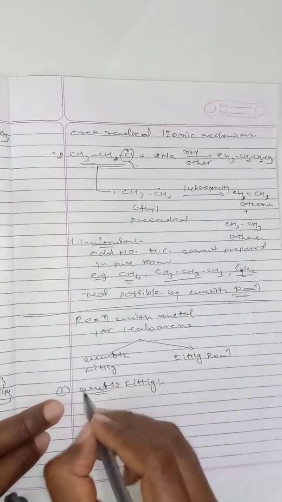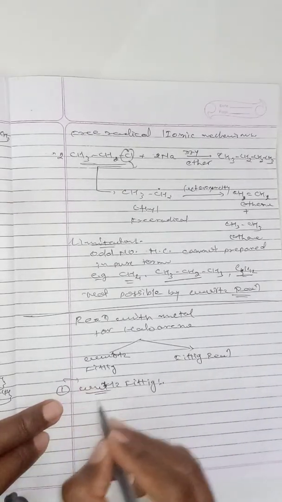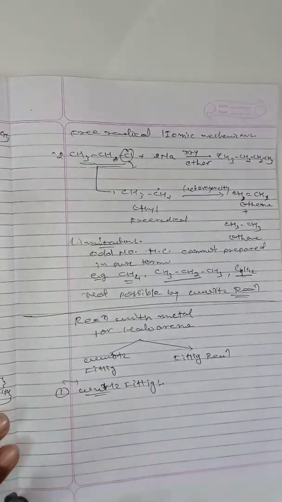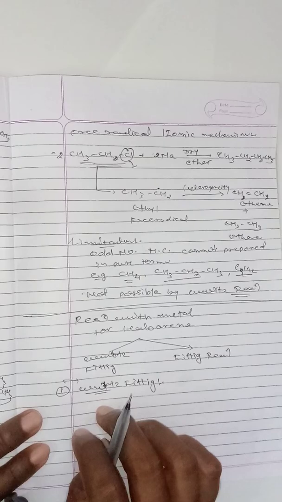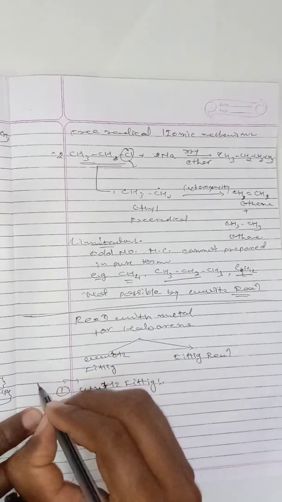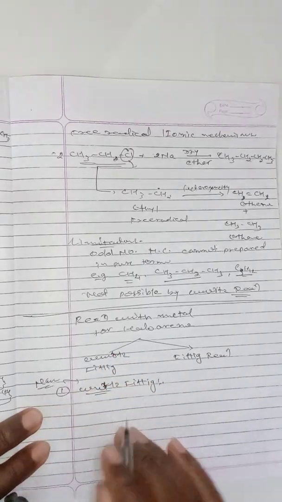As we discussed, first of all, the Wurtz reaction is carried out in the presence of dry ether and sodium metal.